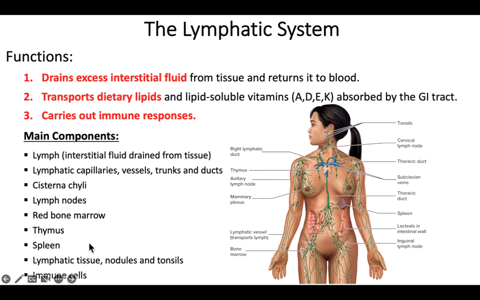We'll talk about some other lymphatic tissue and nodules that house a lot of your immune cells. We'll talk about tonsils that are strategically located where pathogens like to get in. Pathogens like to enter through either your oral cavity, in the foods you might eat, or into your respiratory tract in the air you breathe.